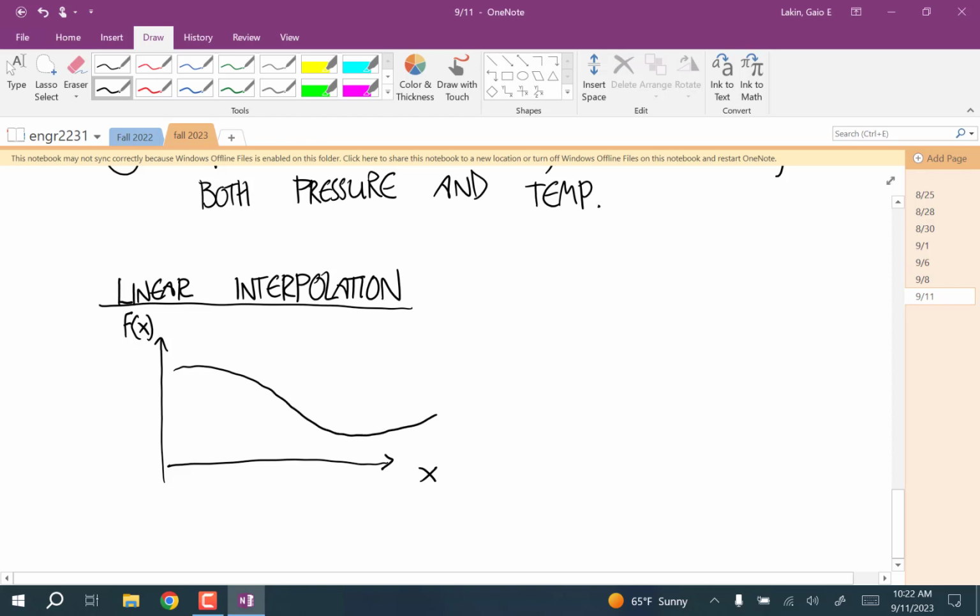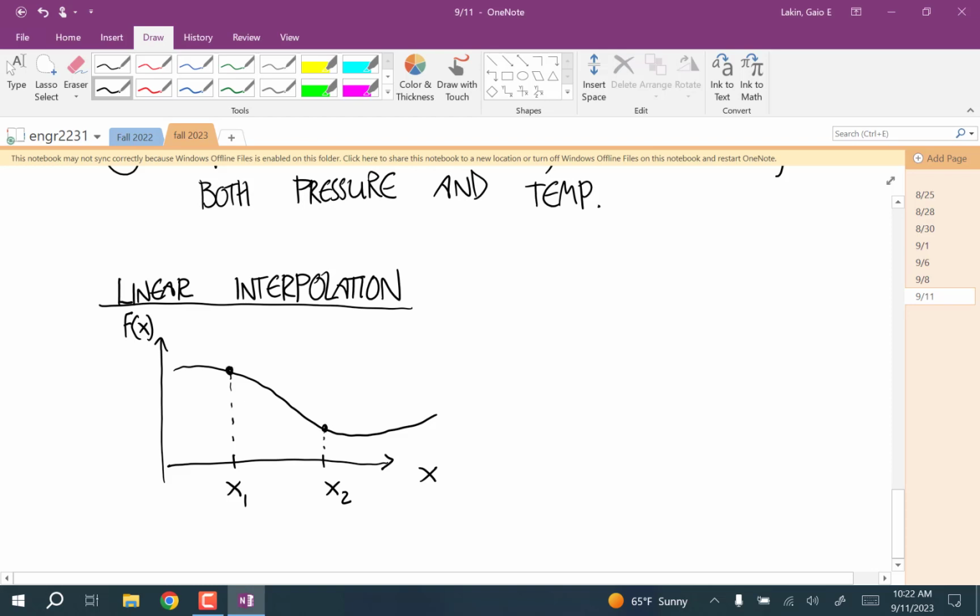And there's the function. Let's say this is our value x1 and this is our value x2. You can imagine these are the two points in a table that you're able to look up.